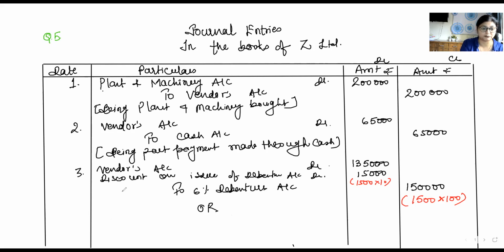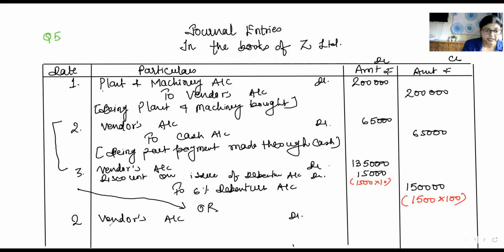Instead of these two, you are going to pass only one single entry: vendor's account debit, discount on issue of debenture account debit, to cash, and to 6% debentures.